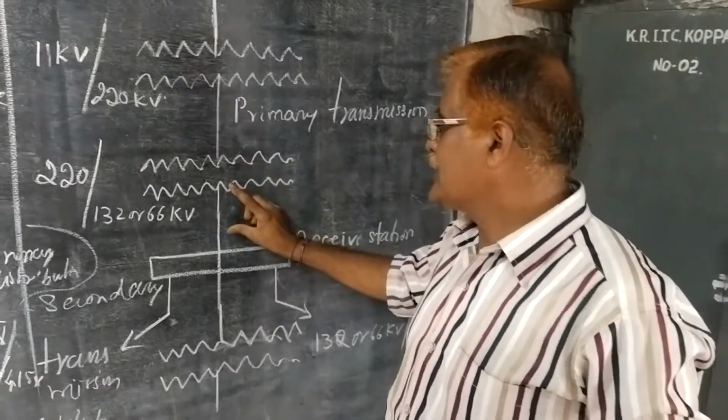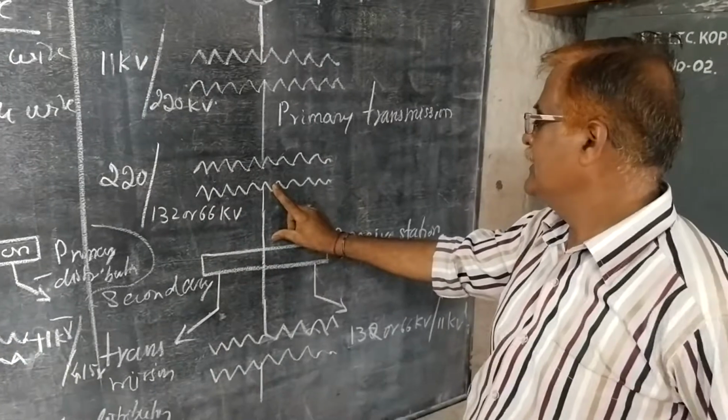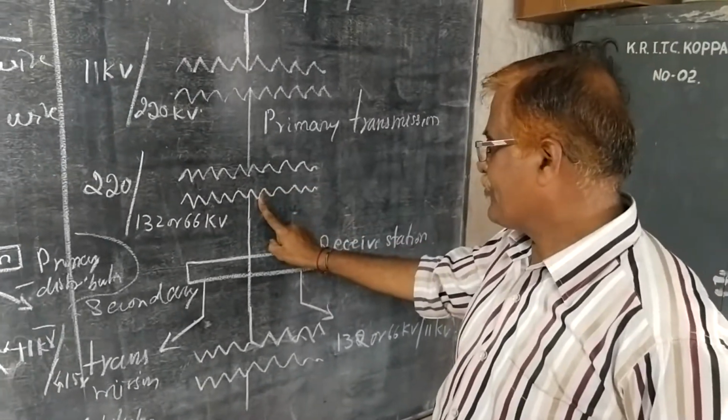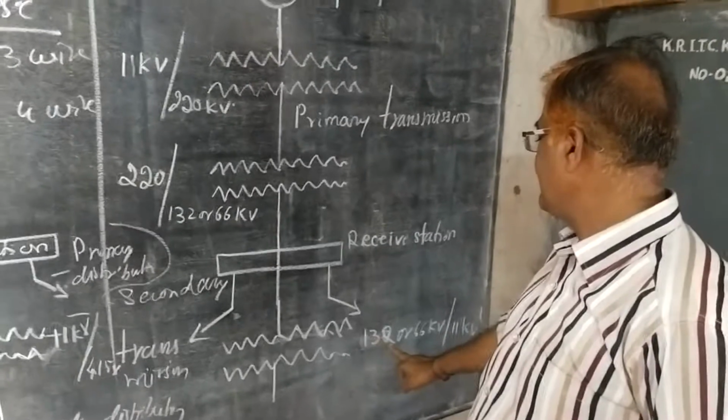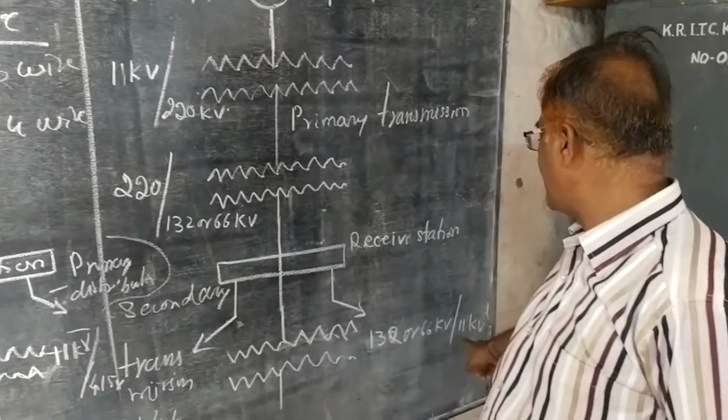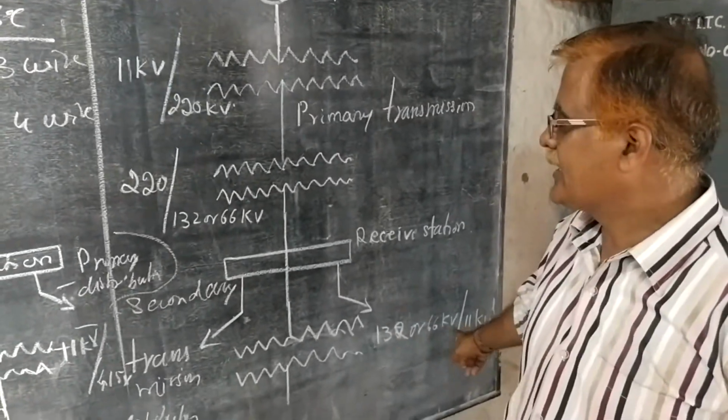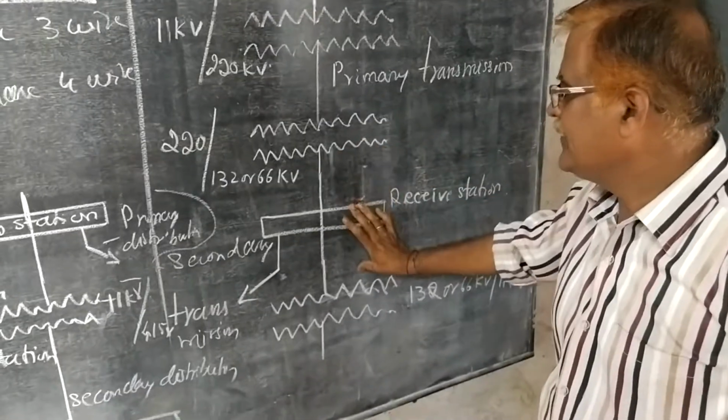And here this 132 kilovolt is again stepped down, from 132 or 66 kV to 11 kV. So this is the secondary transmission.